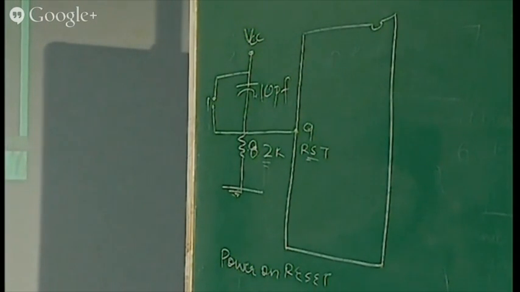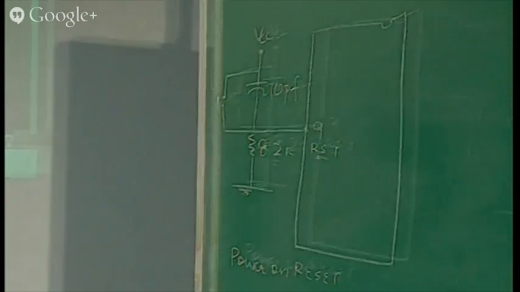Now, see this circuit. This is the basic circuit which you have to make for any application. Whatever project you are making, you will have to make at least these connections initially. There are 3 main things you have to remember. One is pin number 9, reset circuitry.